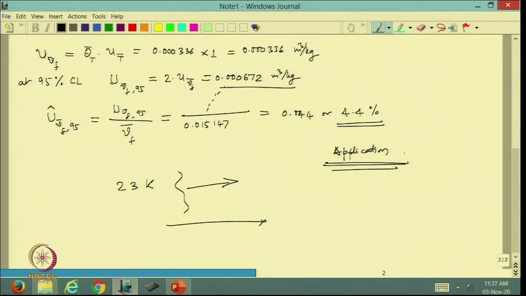Okay, so that is an example of how we can calculate the sensitivity coefficient from a finite difference technique. I used the central difference formula. You could have used any other formula which is there in numerical techniques.